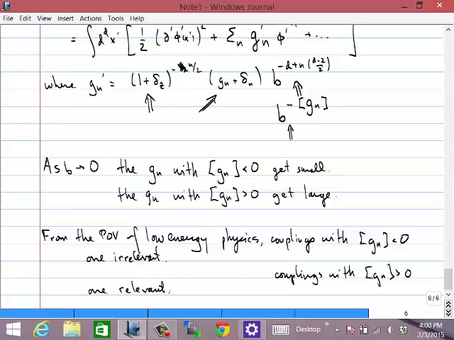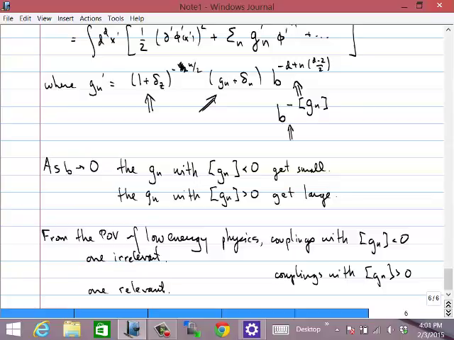Indeed, saying a coupling with positive mass dimension is a very long phrase, so very often we just say it's a relevant coupling or a relevant operator, as opposed to an irrelevant coupling or an irrelevant operator.